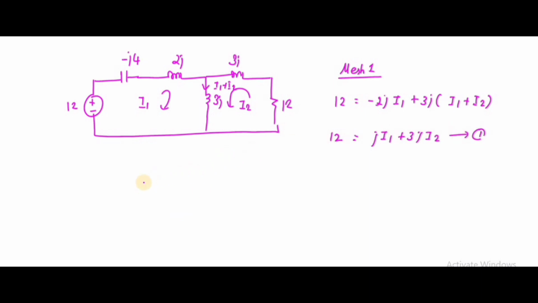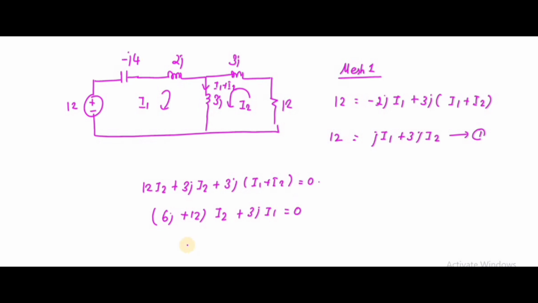And for the second equation, 12 I2 plus 3J I2 plus 3J (I1 plus I2) is equal to 0. So this is (6J plus 12) I2 plus 3J I1 is equal to 0.